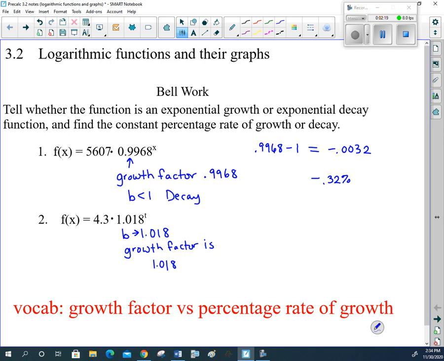Since this is a growth, to figure out the percent of growth, you'll just take 1.018 subtract 1, and that's going to leave you with 0.018. Change that to a percent, moving 2 places, so it's 1.8%. That's your percentage rate of growth.